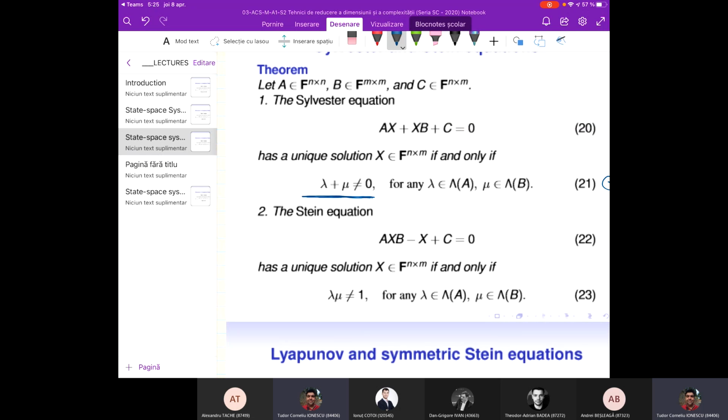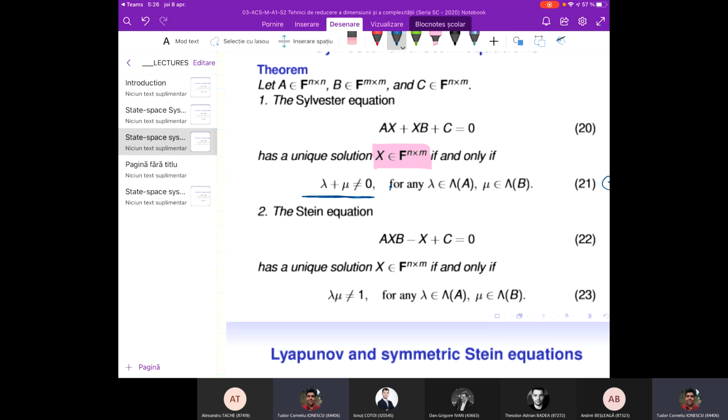It's also important to understand when this unique solution satisfies a rank condition. Please note that since A is an n-dimensional matrix and B is an m-dimensional matrix, the solution X is an n by m matrix, just like C. So X and C have similar dimensions. So X exists and is unique if this condition happens.